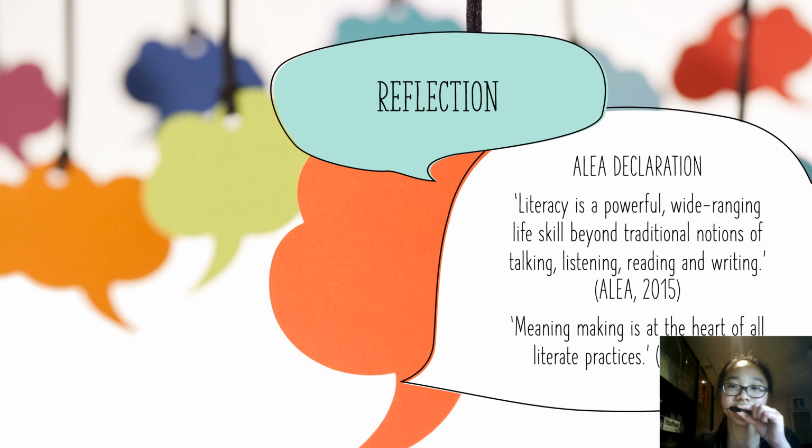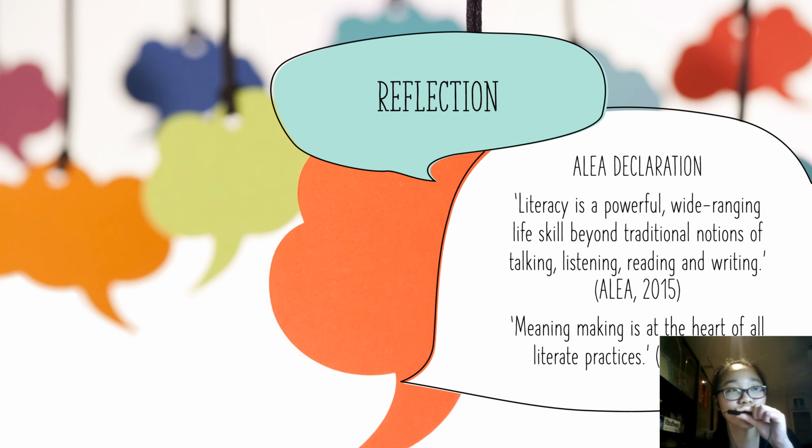Under the Earlier declaration, literacy is a powerful, wide-ranging life skill beyond traditional notions of talking, listening, reading, and writing. From the lesson, my students can learn interpretation skills from other people's expressions, and they can develop empathy for others. Meaning making is at the heart of all literacy practices.